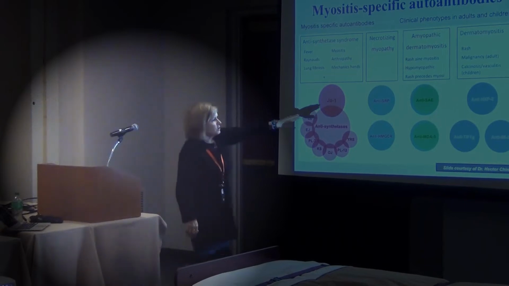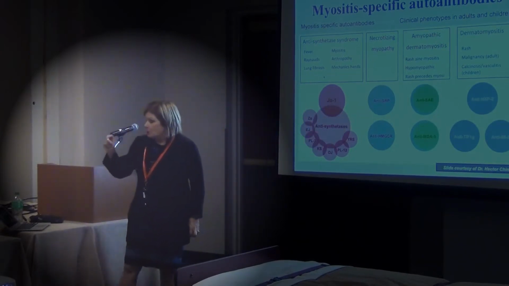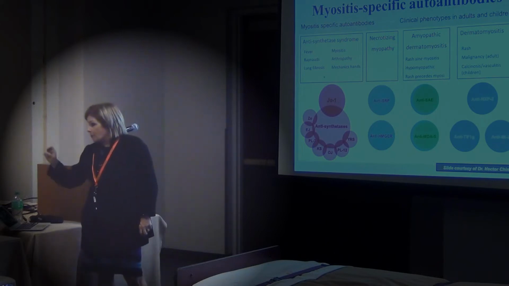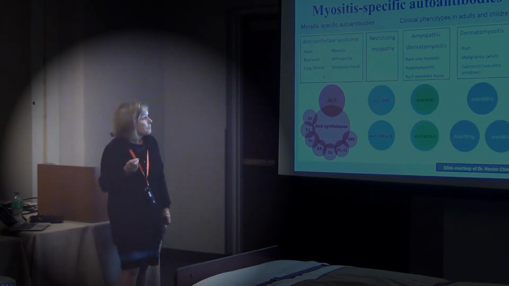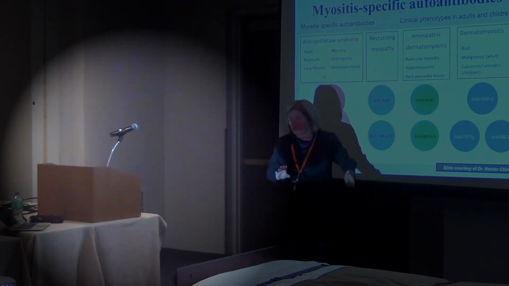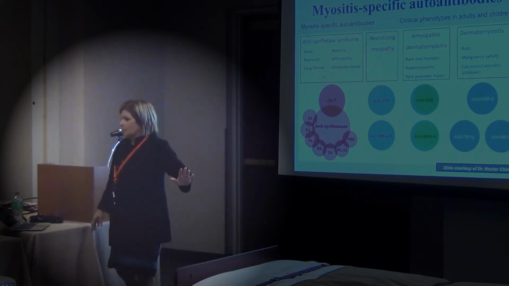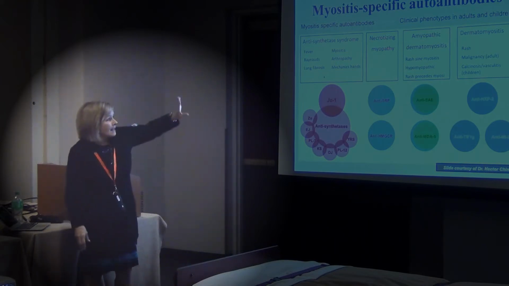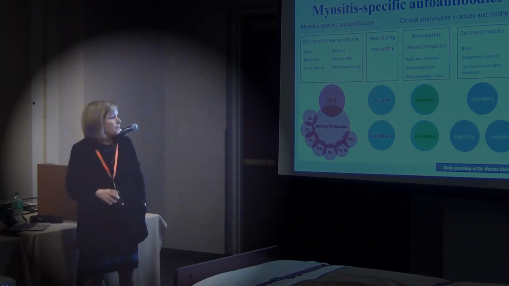This is the one, particularly SRP, that can be seen in girls, particularly African-American girls in the United States, and they get sick really fast, and it's mainly muscles, they don't have skin involvement, and it can bother their hearts. And then we get what we call amyopathic, where mainly you get rash, and then it takes a long time for muscles maybe to be involved, if at all. And that's a whole group. And then there's the classic dermatomyositis as well.